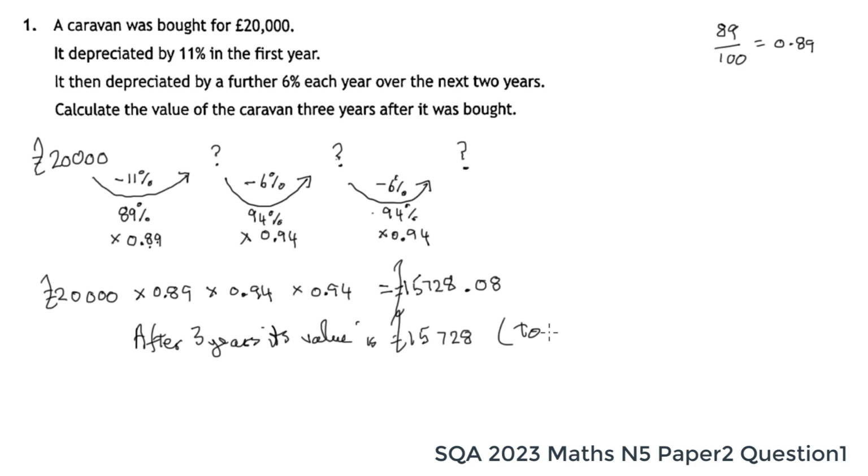We'll say that's to the nearest pound. We cannot at this stage be bothering about 8 pence in that value. But if we're chopping this off and approximating it, we'd have to say what we've done to it. So that's to the nearest pound. So £15,728.